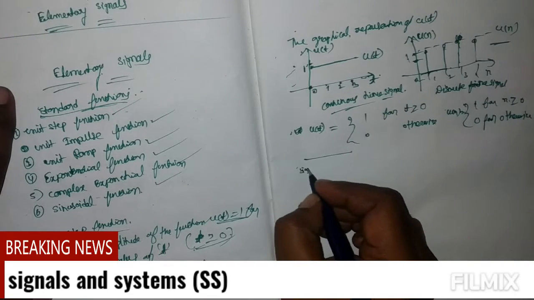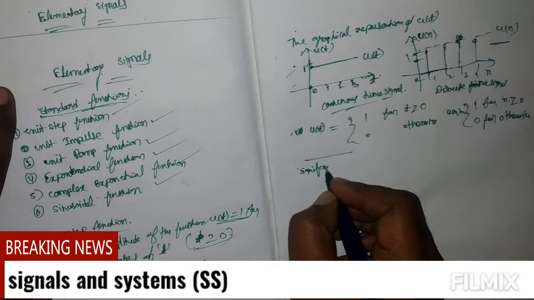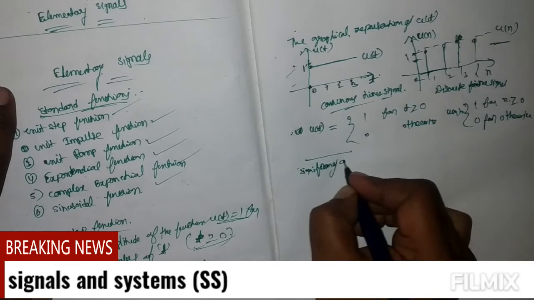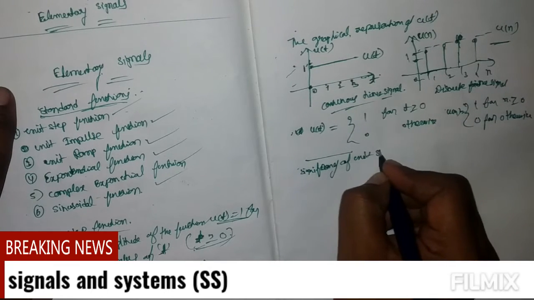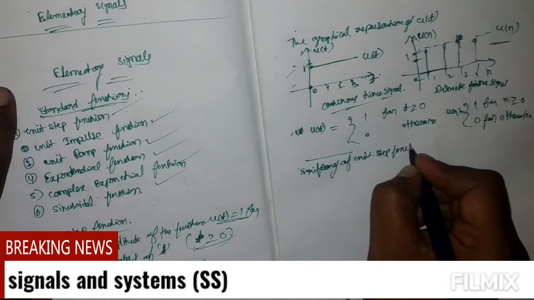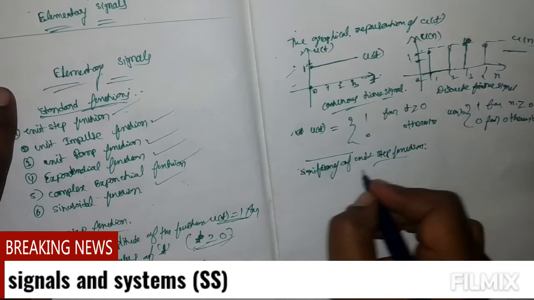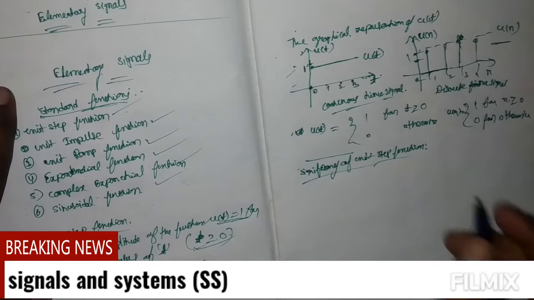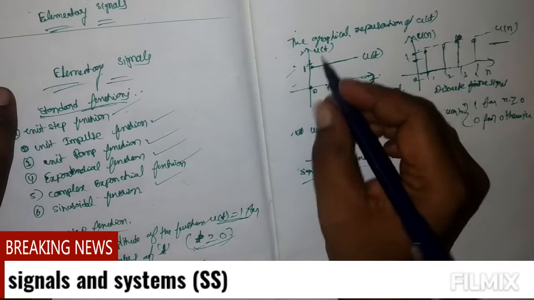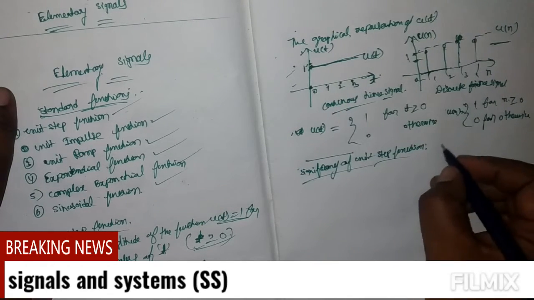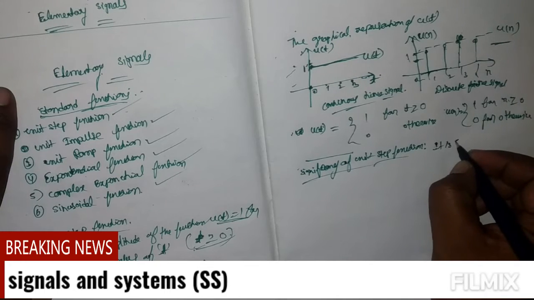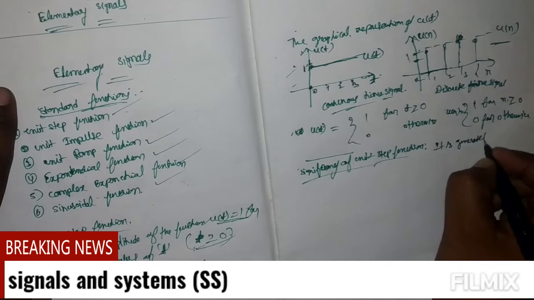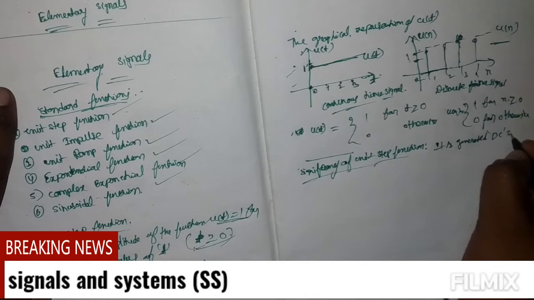The significance of the unit step function is that its diagram is like a DC supply.